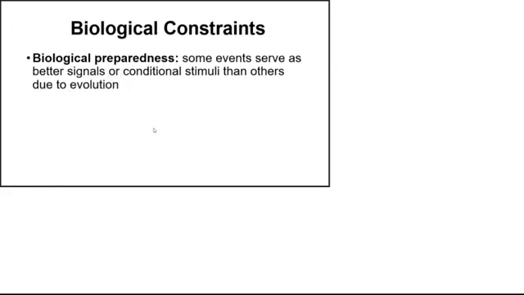All right, so we have 2 slides left. The first is going to be just a brief reminder of this concept of biological preparedness. So we talked about this first in our classical conditioning, and we mentioned that it's easier to form associations between certain types of stimuli, period.